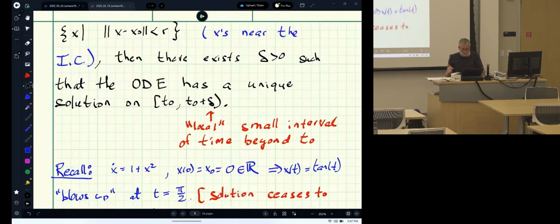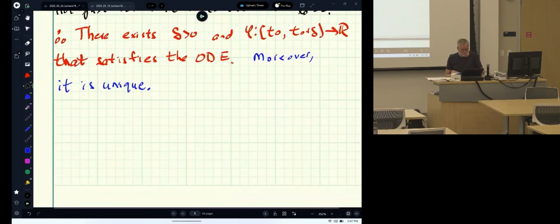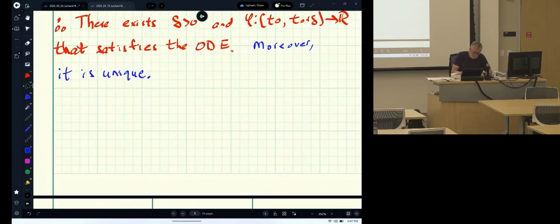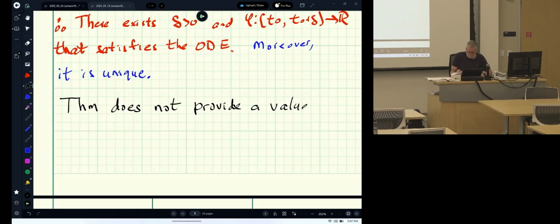The theorem doesn't tell us. It just assures existence.